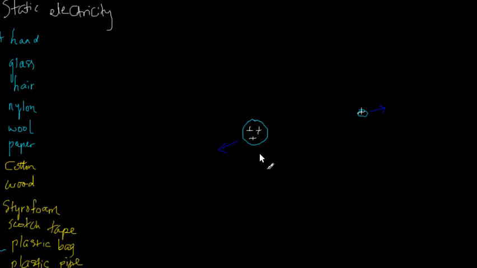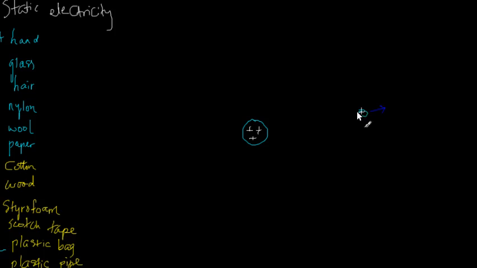Okay, so for now I'm less interested in forces acting on this ball itself. I'm more interested in forces coming from this ball that act on other positive charges. So let me just focus on this little ball, the force on this little ball.